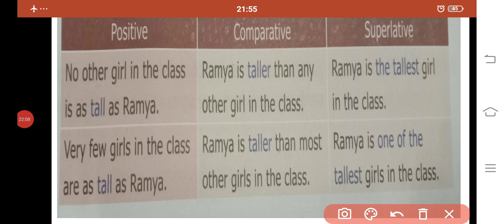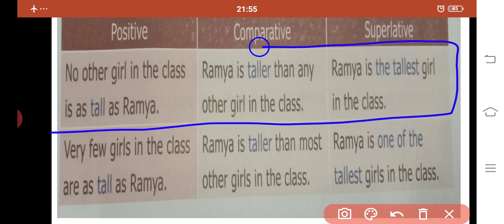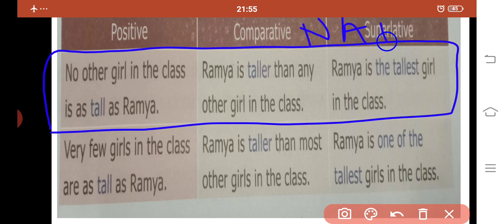Now we are going to see the type 2 sentences. Already we learned we are using the NAT shortcut method for this type 2. This is a type 2 sentence. Here we are using the NAT, N-A-T. Positive, comparative, superlative.